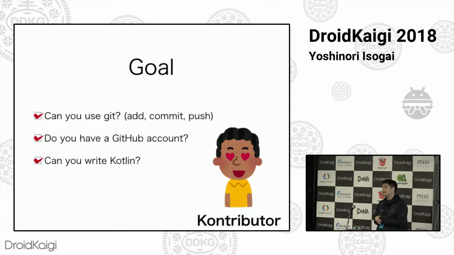And most external contributors, like me, mainly work on Kotlin plugin. So this talk is focusing on how to contribute to Kotlin plugin. However, once you understand how to contribute to Kotlin plugin, you are able to contribute to Kotlin languages or Kotlin JS or Kotlin native because there is only one repository called Kotlin.